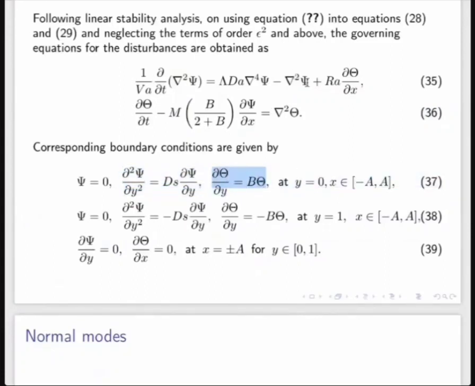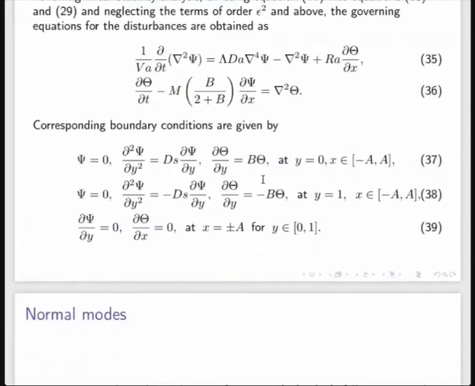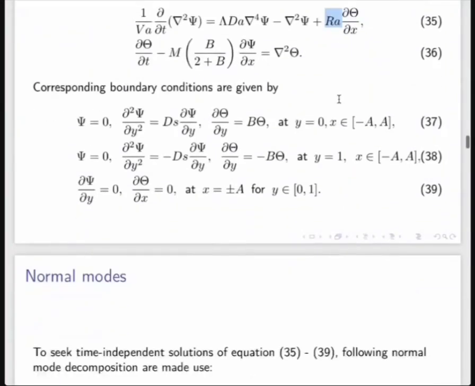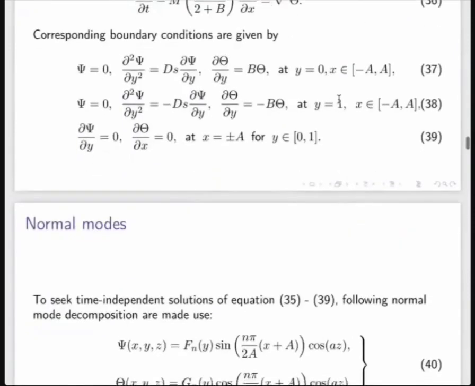As a result of this, we get what is called a boundary eigenvalue problem. And in this case, the physical parameter Ra, which is the Darcy-Rayleigh number, acts as the eigenvalue, and the corresponding solutions will be eigensolutions.